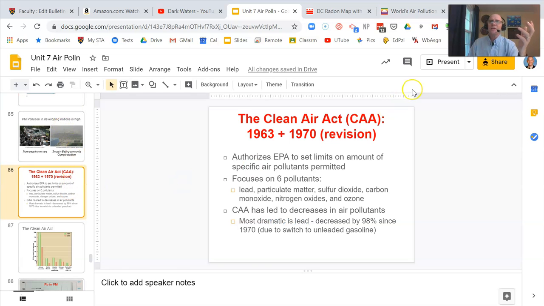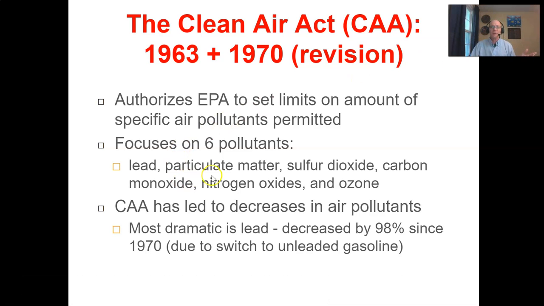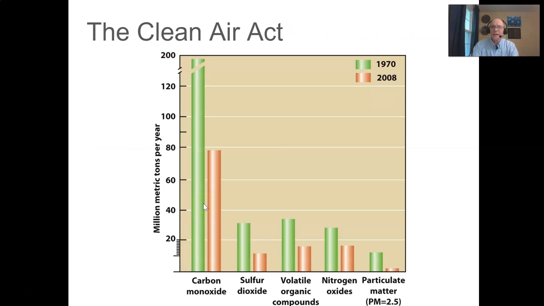So how do we address this? Well, in the United States, we passed the Clean Air Act in 1963, and then in 1970, it was significantly revised to include those big 6 priority pollutants, things that are monitored for decreasing emissions. And it has absolutely led to cleaner air quality.